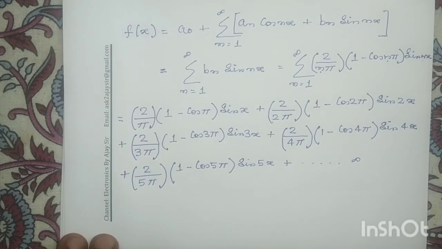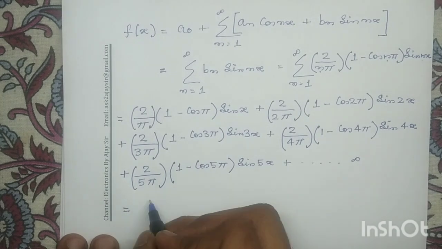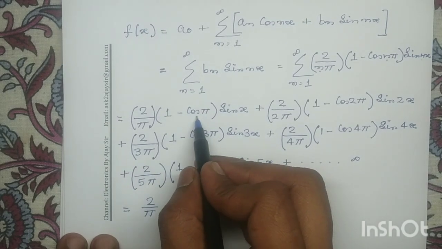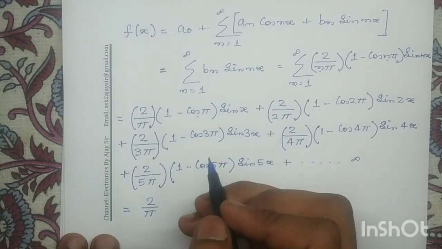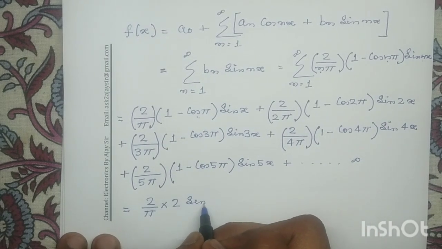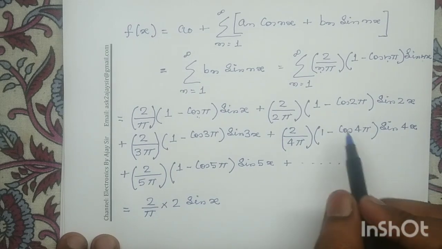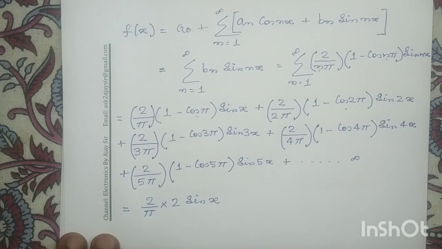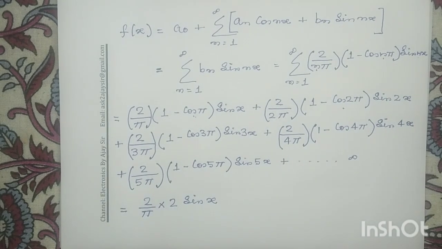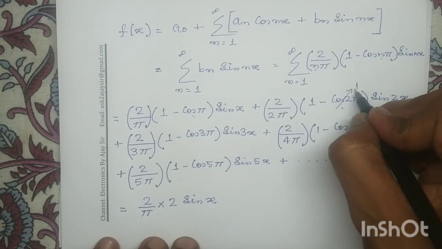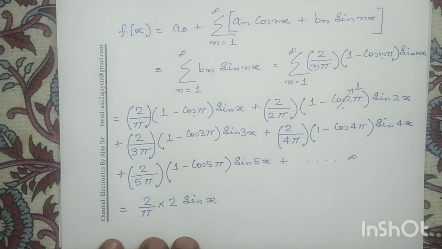Now look at this. First term 2 by pi, cos pi is minus 1, minus of cos pi becomes 1. So 1 plus 1 becomes 2, multiplied with sine x. Next term, cos 2 pi is 1, 1 minus 1 is evaluated to be 0.